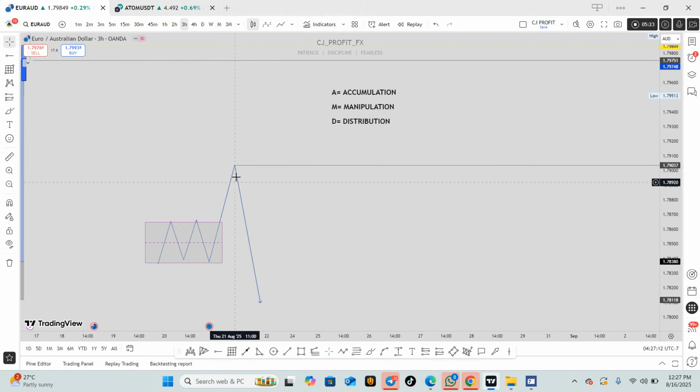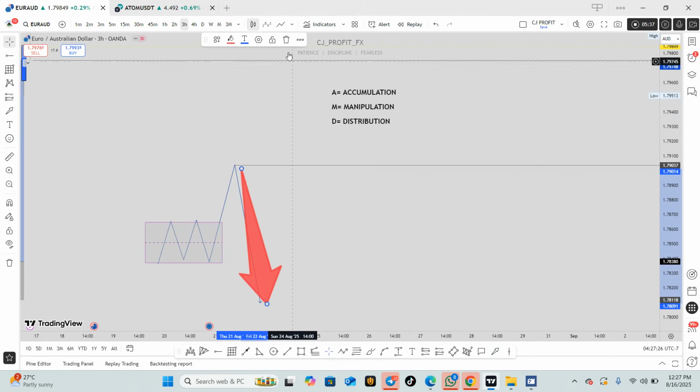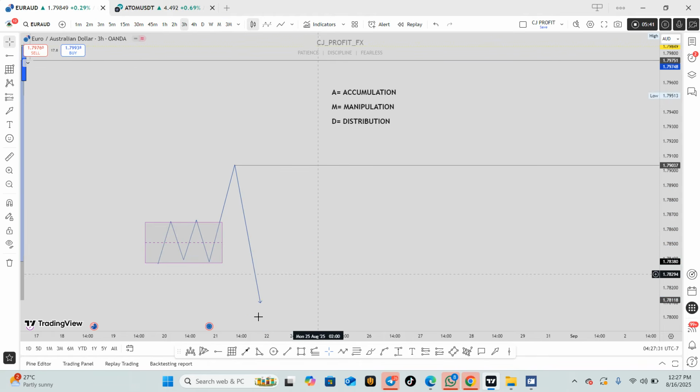Now, from this protected high, the market sold to the downside and created this protected low. So at this protected low, let me still mark the protected low. We have this protected low.